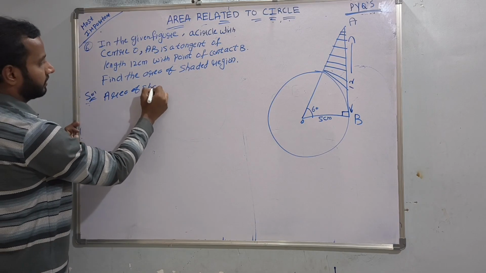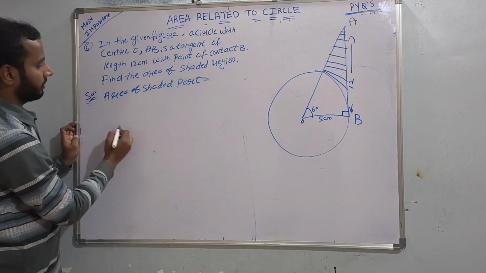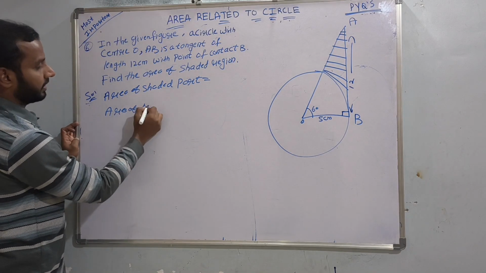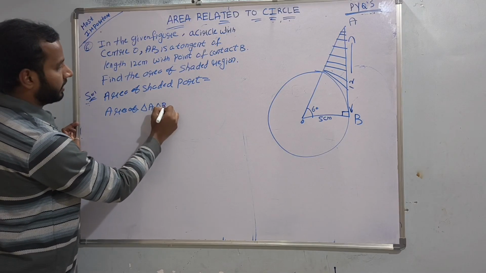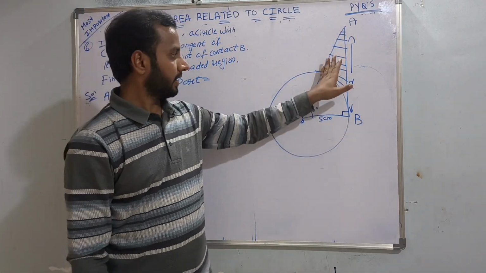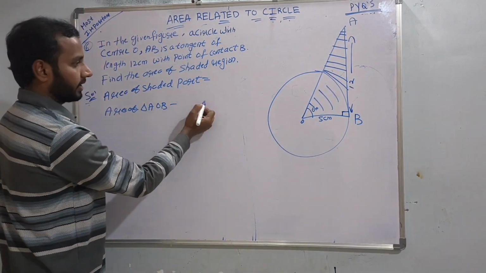Area of shaded part equal to area of triangle AOB minus area of this part. This part is known as the area of the minor sector.